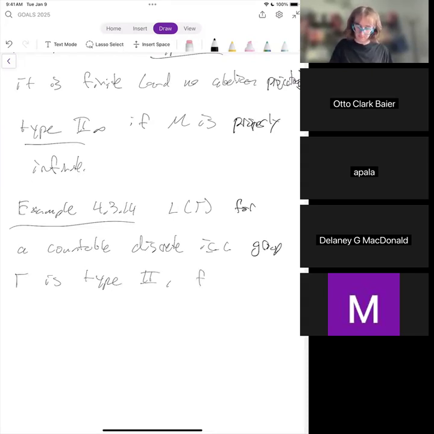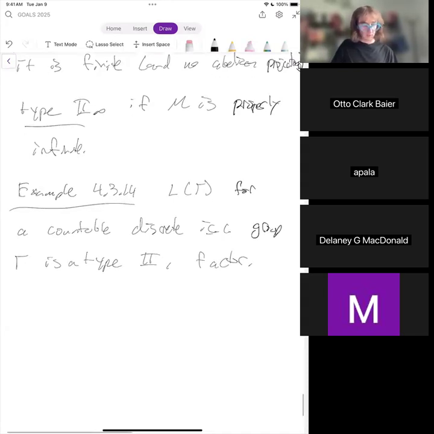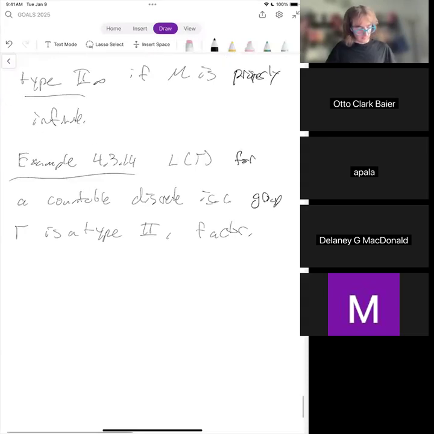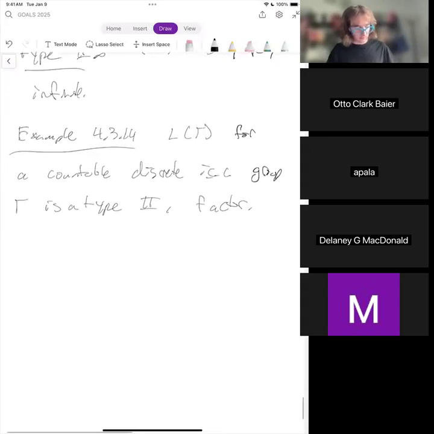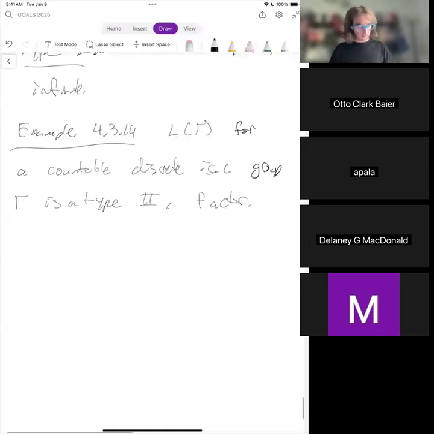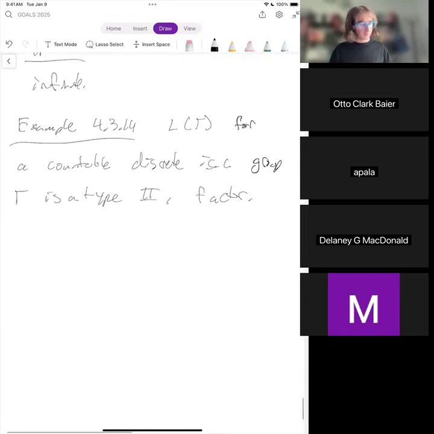Moreover, it's a factor. So definitely go through that example and the little exercises in it. It's really important to see that, and it's not too bad to go through.